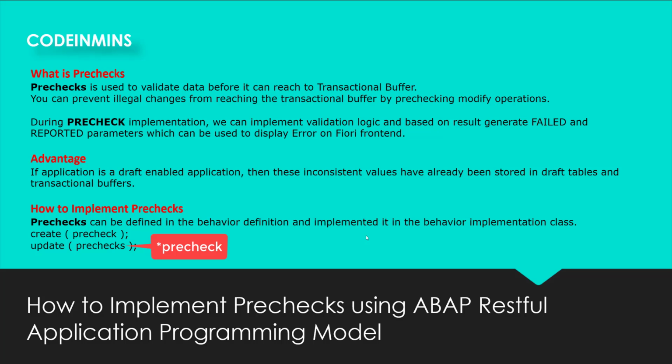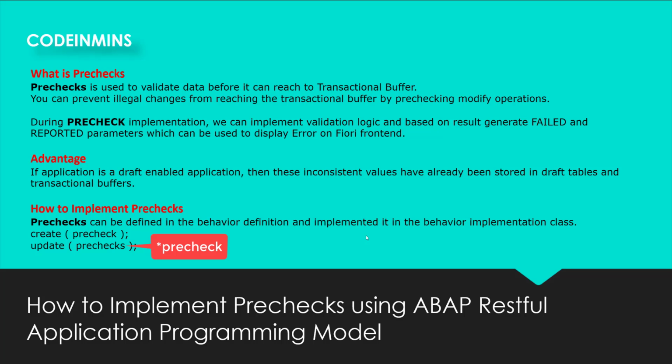But if you have draft capability and you are not implementing prechecks on the fields, then your invalid data is already saved in your draft table. To prevent saving invalid values into the draft table, we should use prechecks.